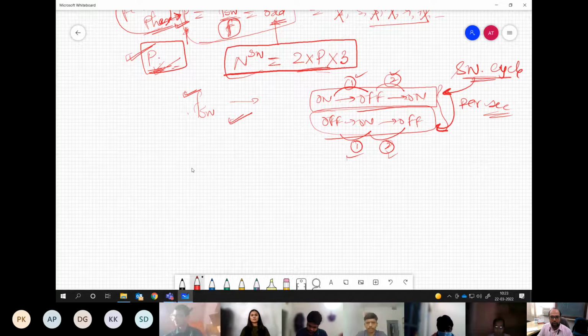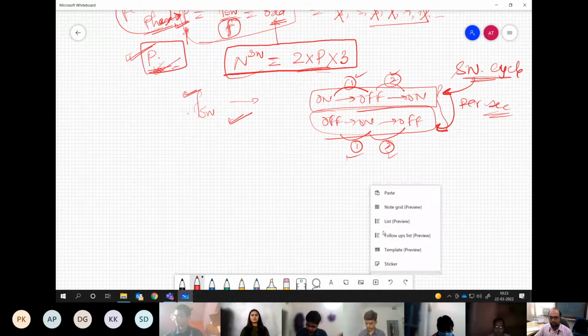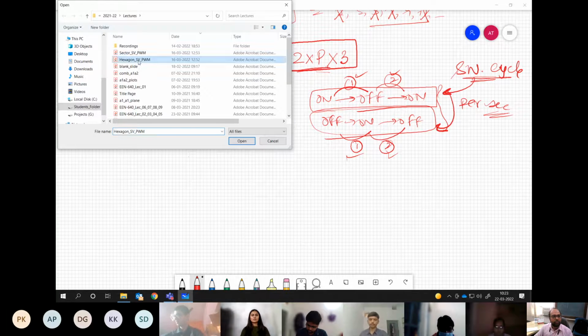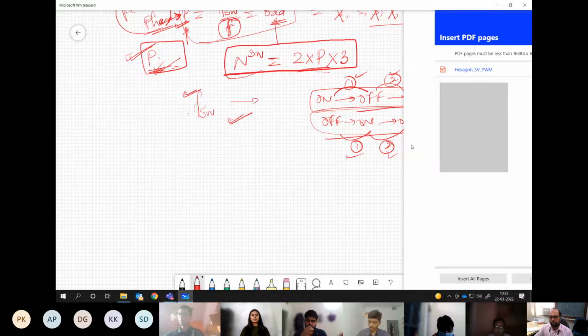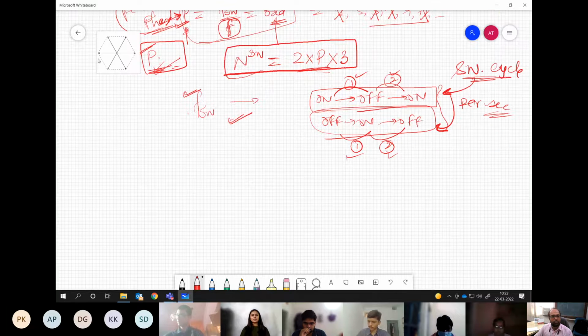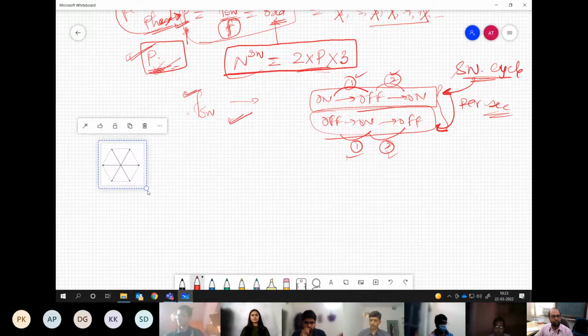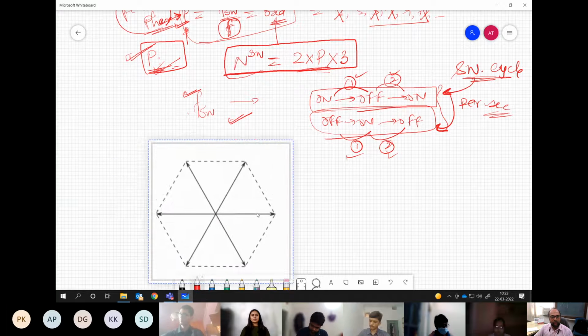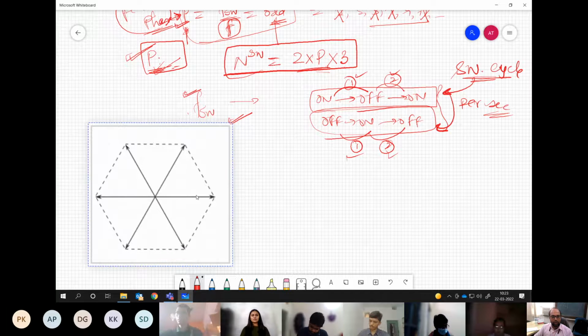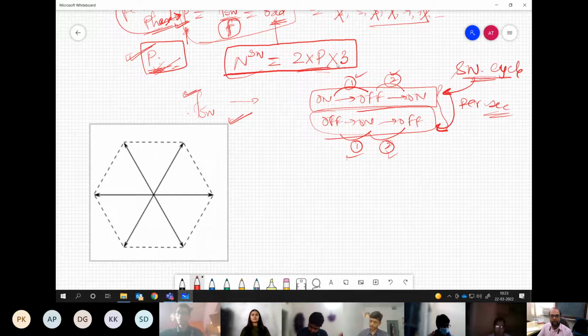Now we have 6 sectors. We have divided the whole circle in terms of 6 sectors. Okay, I can bring that here for clarity. So when I say the total number of switchings is 2 into P into 3, basically this is happening in all 6 sectors.